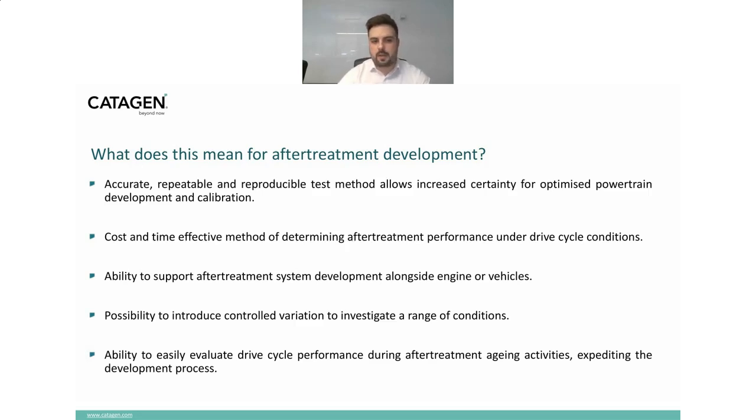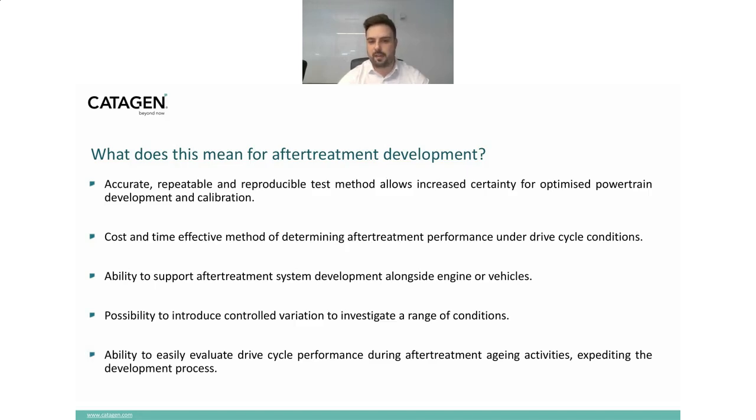Another point which I think is particularly interesting is that we've obviously designed the process to be repeatable and reproducible, but this has the benefit then that we can introduce controlled variation. So we can understand what, let's say, small changes in ECU calibration might have on drive cycle performance. We can effectively tweak or adjust some of the test parameters and understand what impact this has on drive cycle performance.